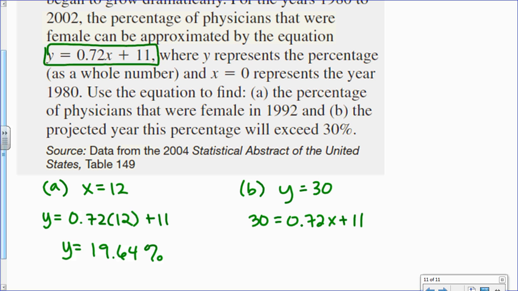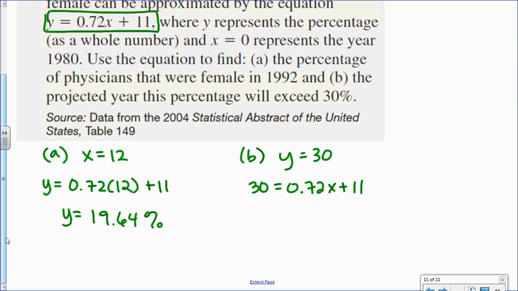So subtract 11 from both sides. Round to 1 decimal place for me here. Okay, 26.4. So that's the number of years after 1980.